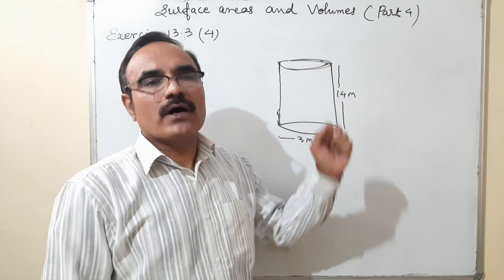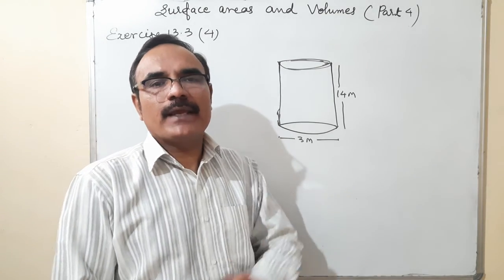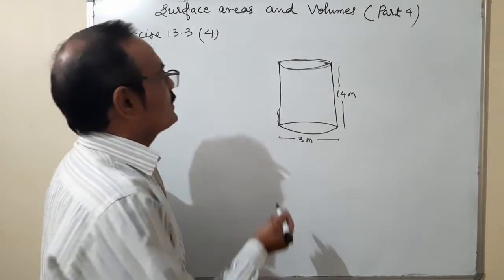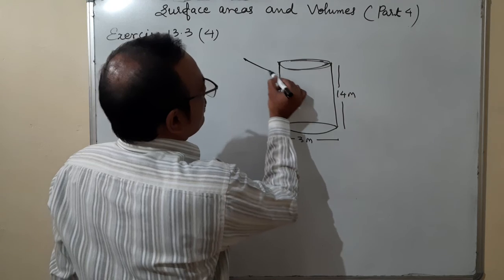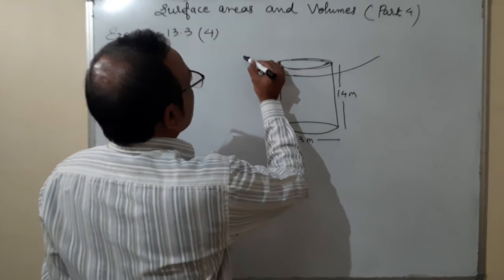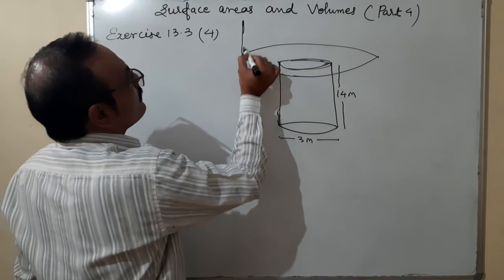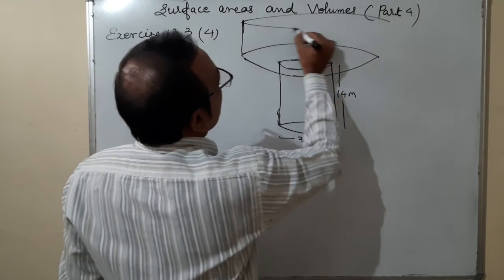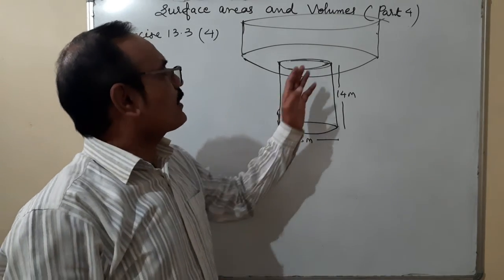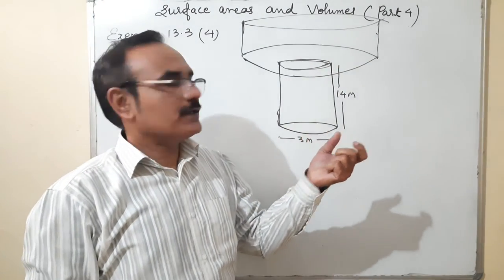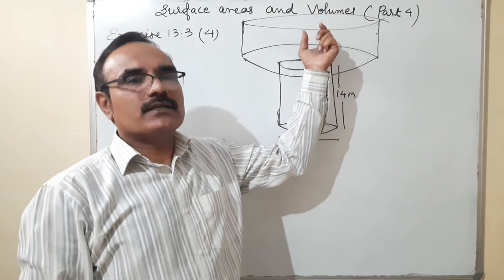Whatever earth is taken out from it is evenly spread to make an embankment. You have seen that whenever you see a well, near the well there is an embankment like this. This is an embankment, a concrete embankment. We can say that it is a circular cylinder, solid cylinder, hollow cylinder.